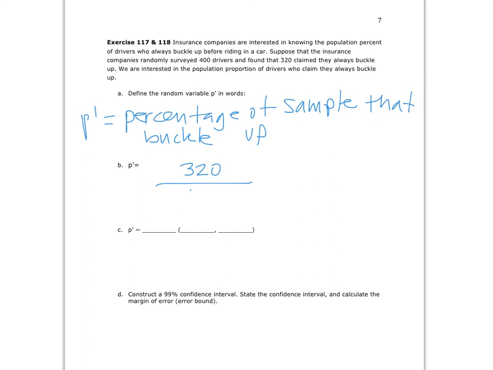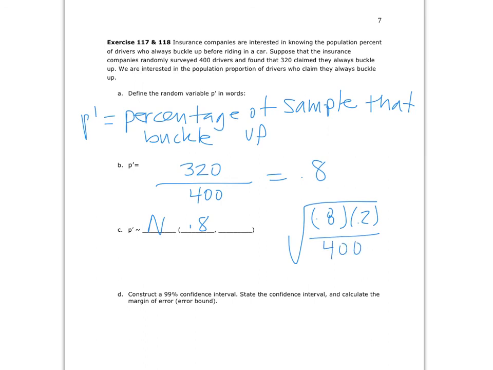In the denominator, we look at the sample size, which is 400. And that gives us a P prime of 0.8. So P prime is normal, mean of 0.8, and standard deviation of the square root of 0.8 times 0.2 over n, which is 400. Take the square root of that, and it gives us 0.02.